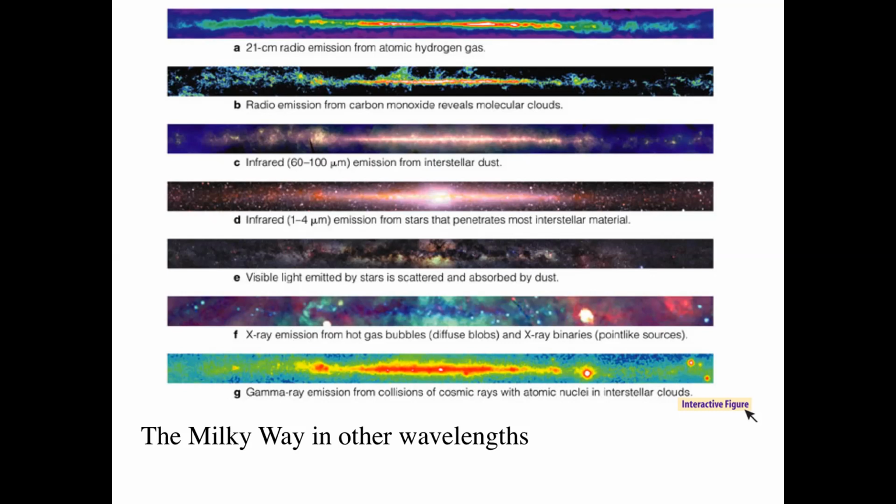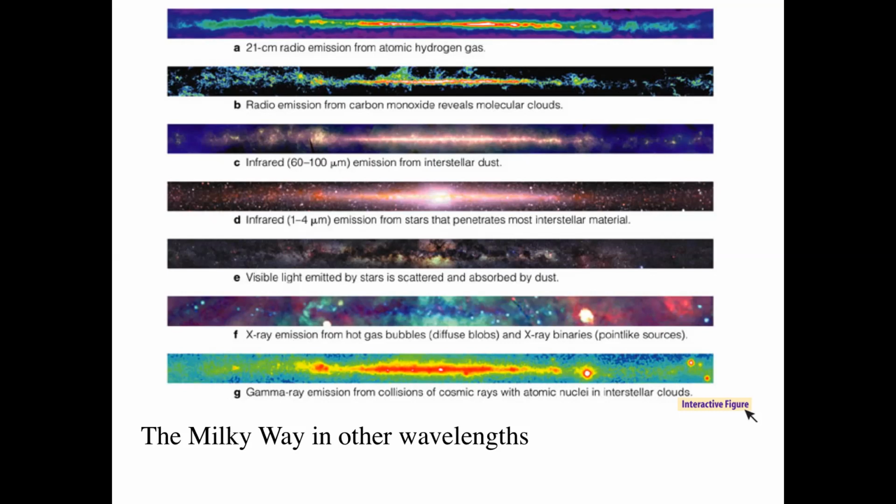21 centimeters is important and interesting. Again, this is a radio line, but 21 centimeters specifically is the wavelength of photons in the radio that comes from neutral hydrogen. You might ask, remember our energy levels and how hydrogen can emit photons by jumping from one energy state to another.